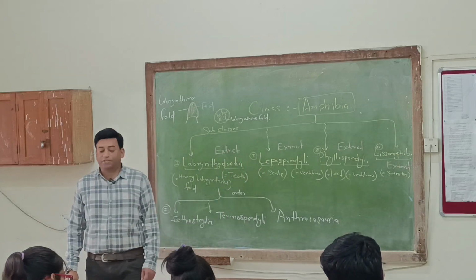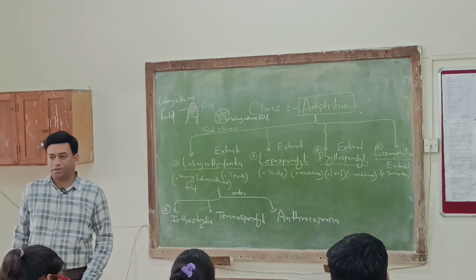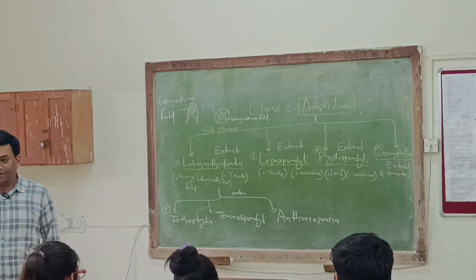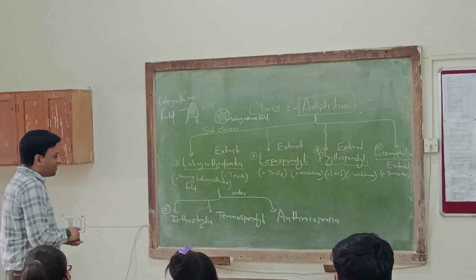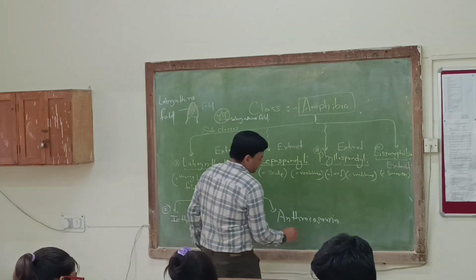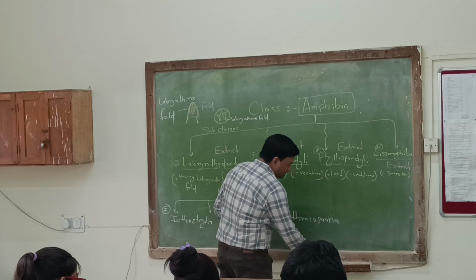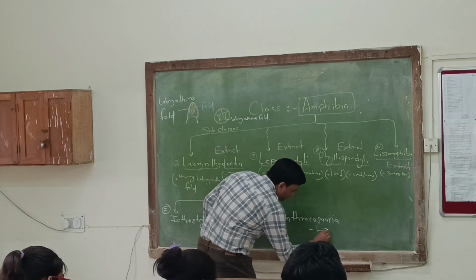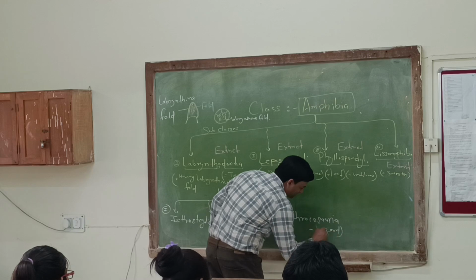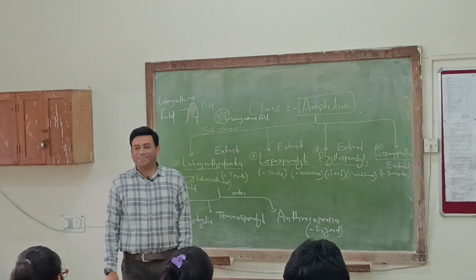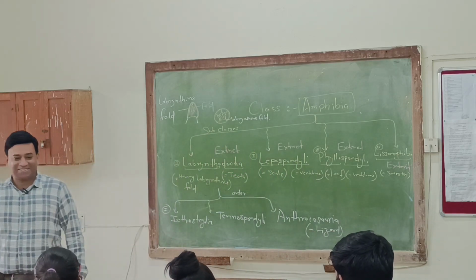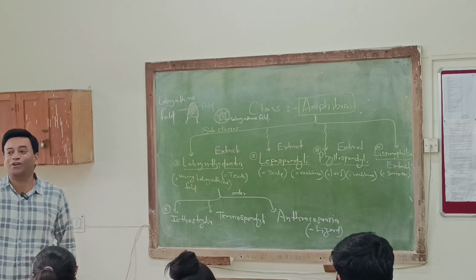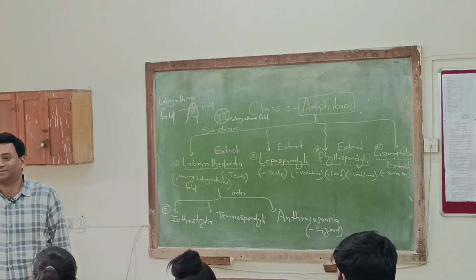Can any one of you tell me what sauria means? Sauria means lizard. Now you will be very surprised how this can be possible. In the classification of amphibia, suddenly the lizard appears, and you all know that lizard is a reptile.